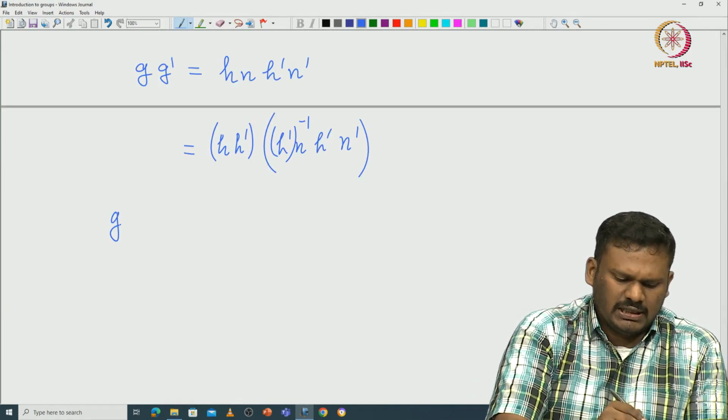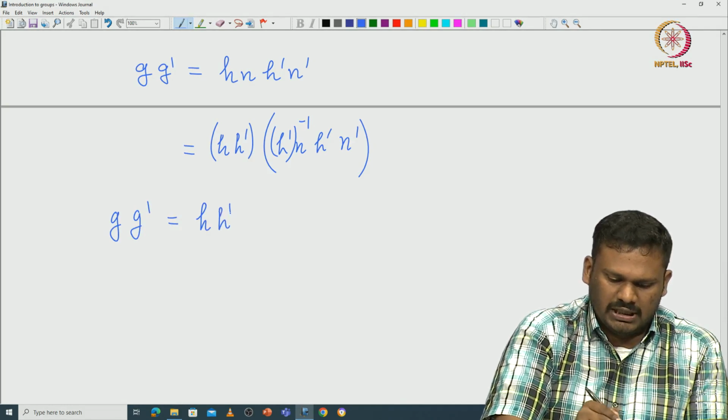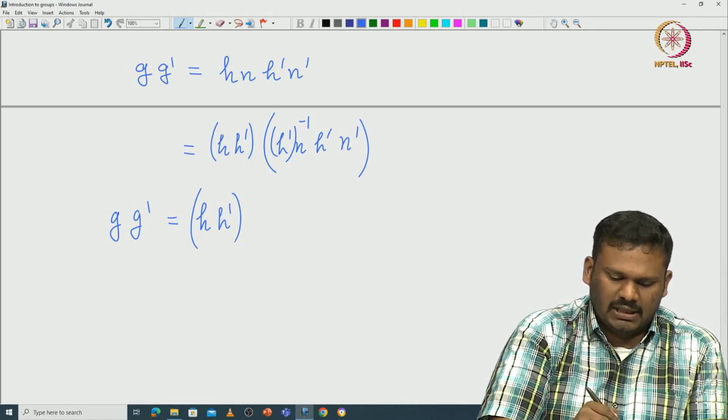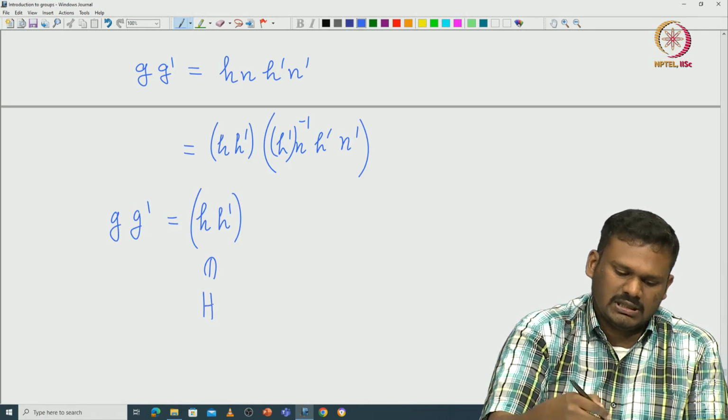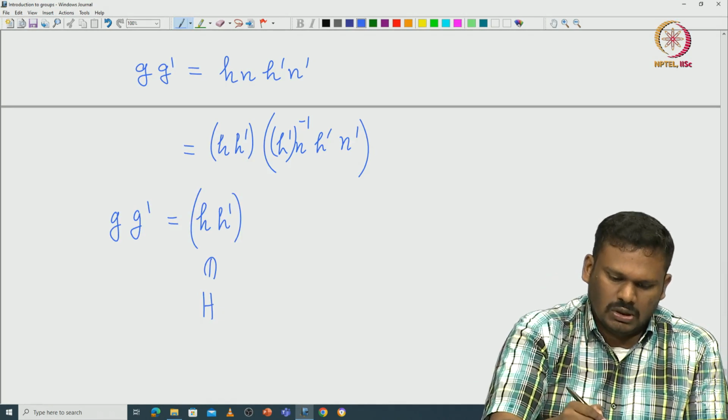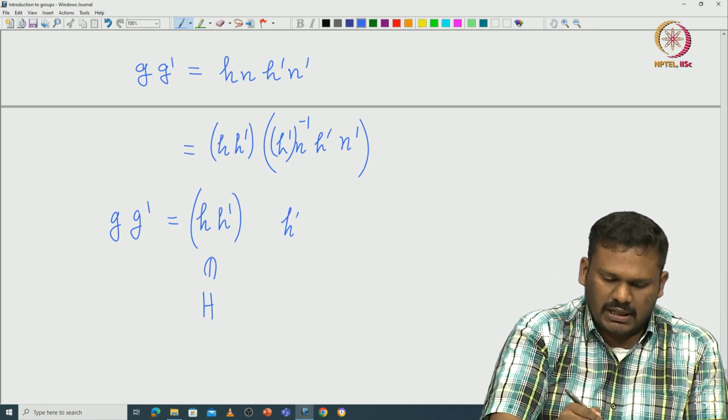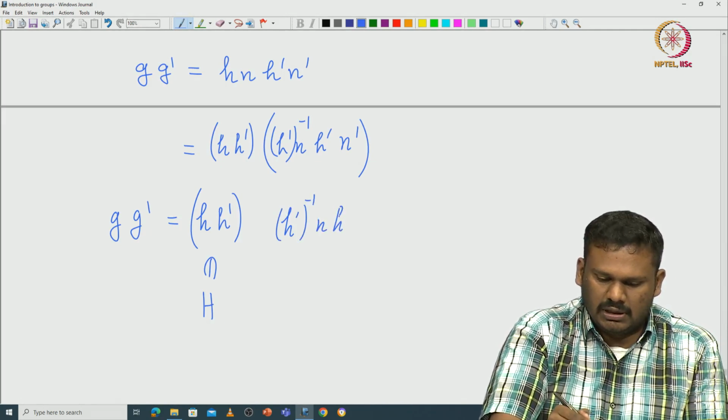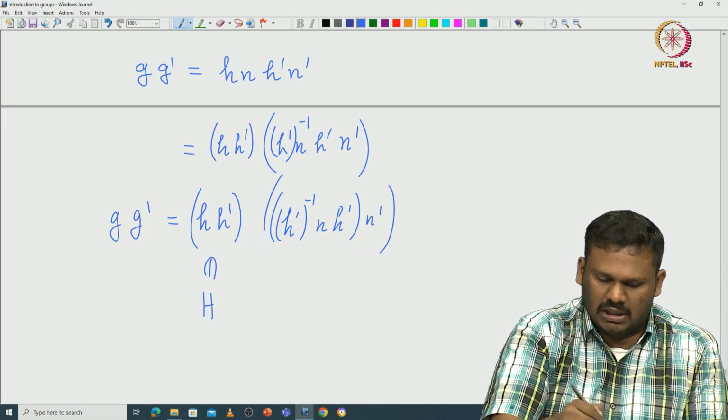So then you can see that G G dash is equal to H H dash, and this is happening in H; it is just a product in H. Now here you can see that this is H dash inverse n H dash and then N dash. So this is another product.